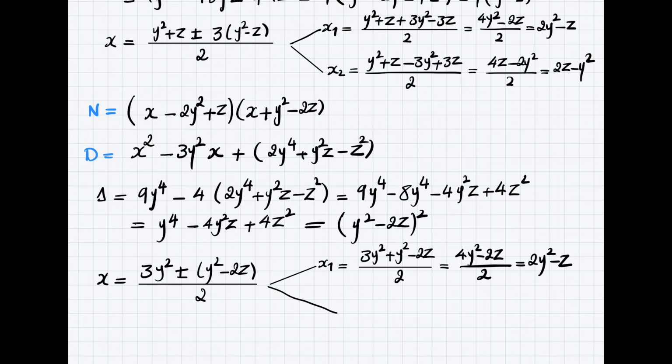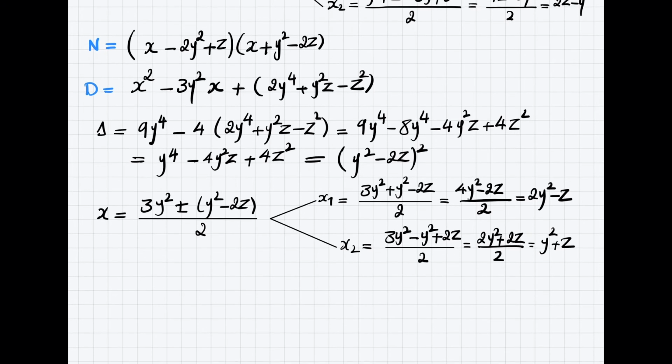And now for the other root, I can write x2 and consider the negative sign. So it becomes 3y squared minus y squared, but plus 2z divided by 2. And then it becomes 2y squared plus 2z divided by 2. And then I can factor a 2 out and simplify it. It becomes y squared plus z.